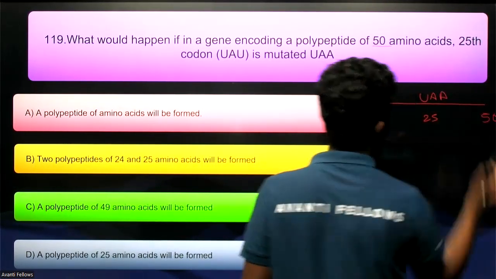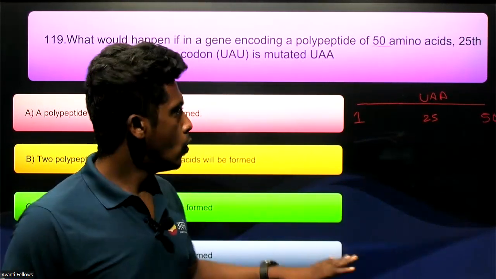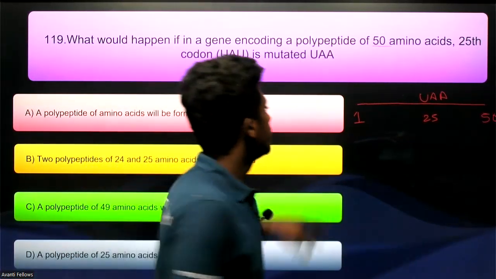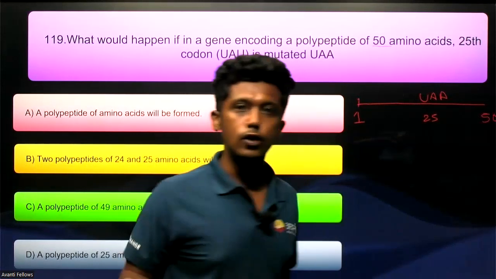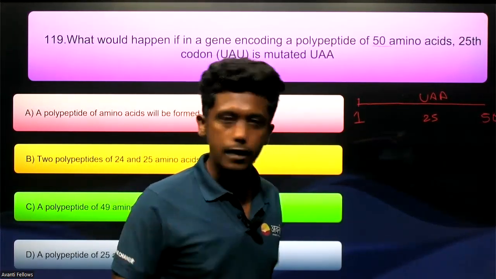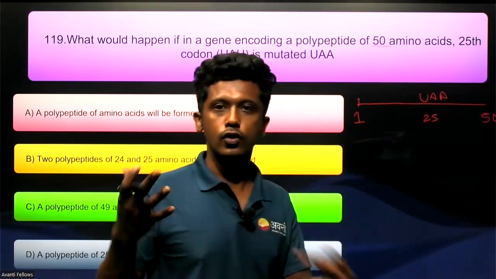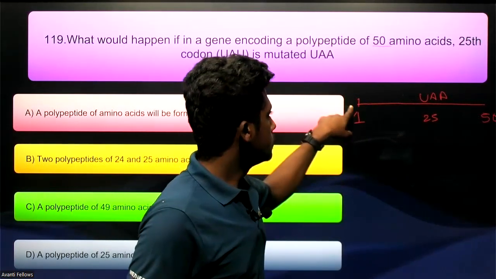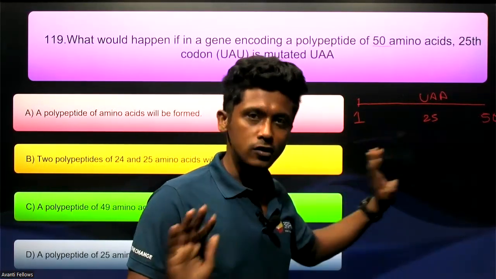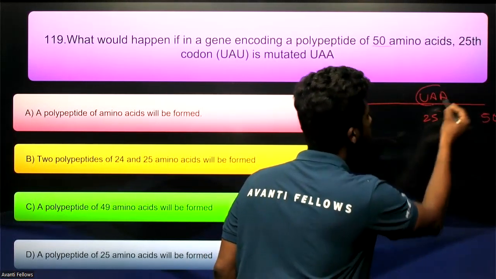In the first position, we know we have to have a start codon, which is AUG. From here to here, it goes smoothly, and the 25th codon is UAA.